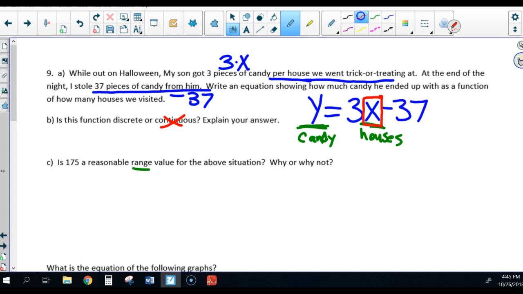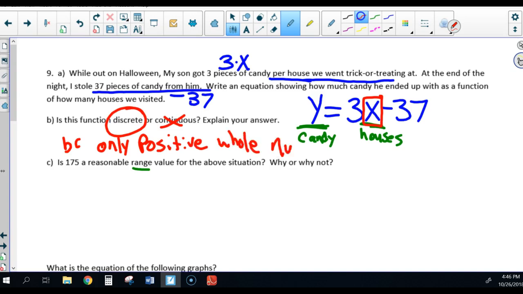I can go to 7 houses, 20 houses, 100 houses. So it's discrete because only positive whole numbers work as X.